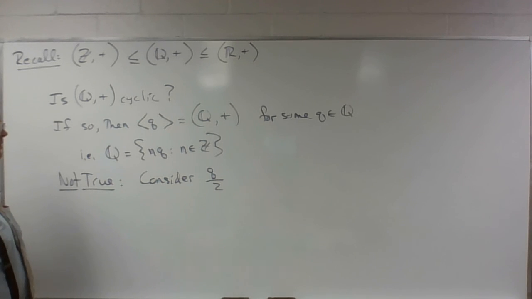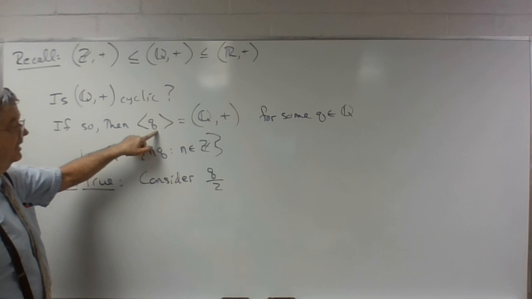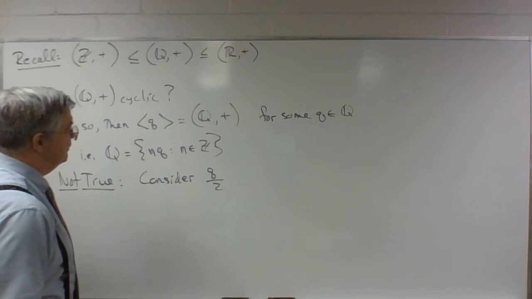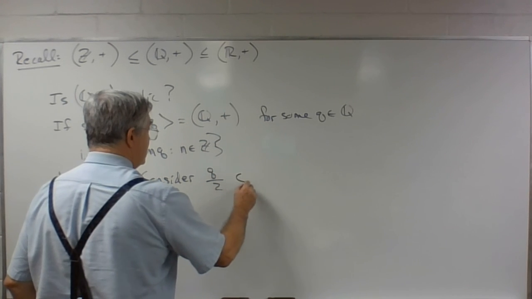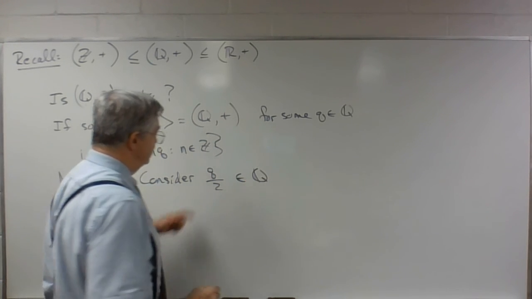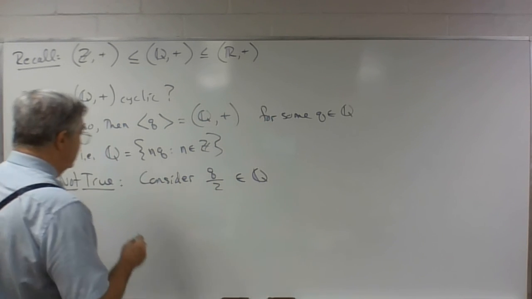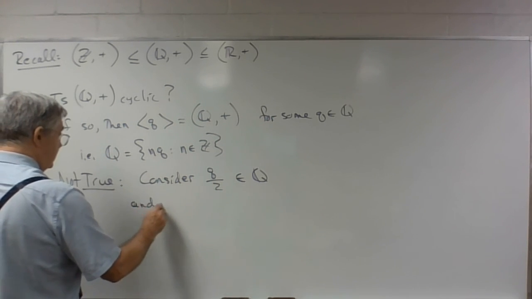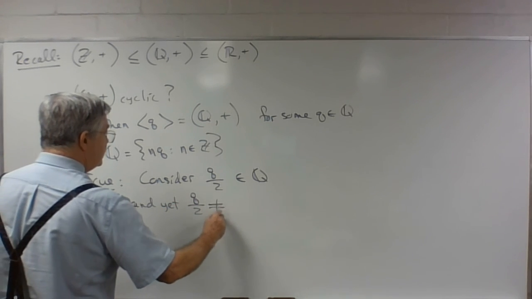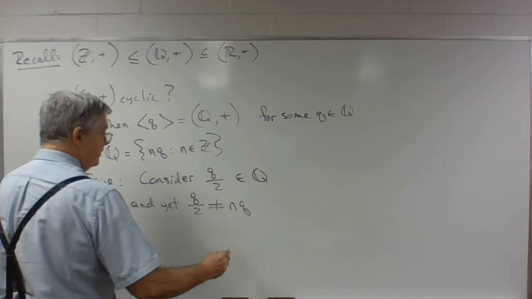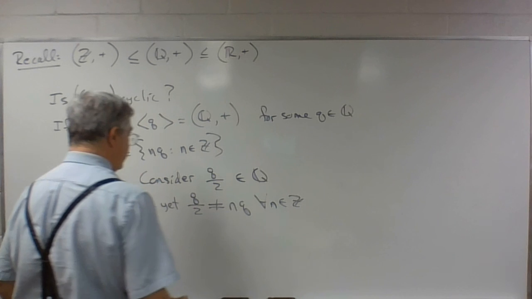Consider this element q over 2. Q is our prospective generator. Consider q over 2. Q over 2 is a rational number because it's the quotient of rational numbers. And yet, q over 2 is not equal to n times q for any integer n.